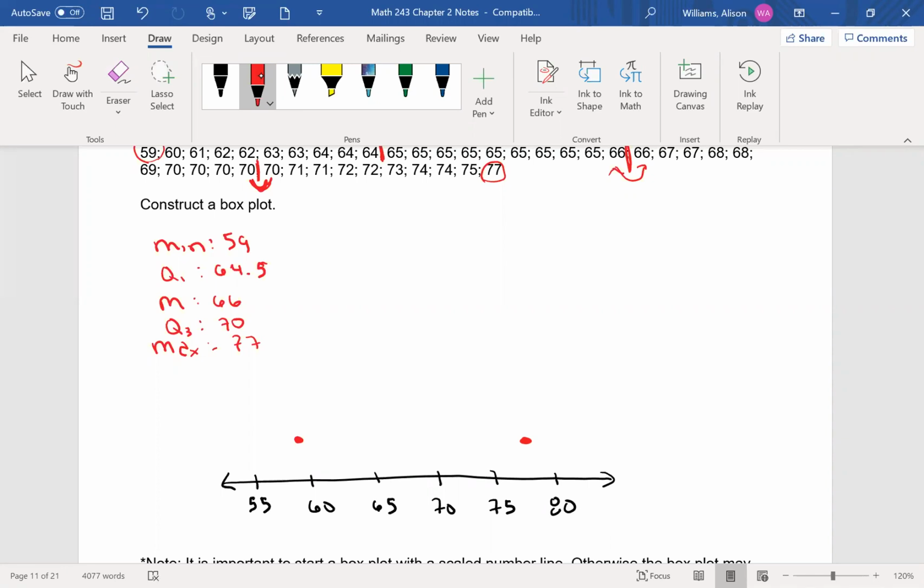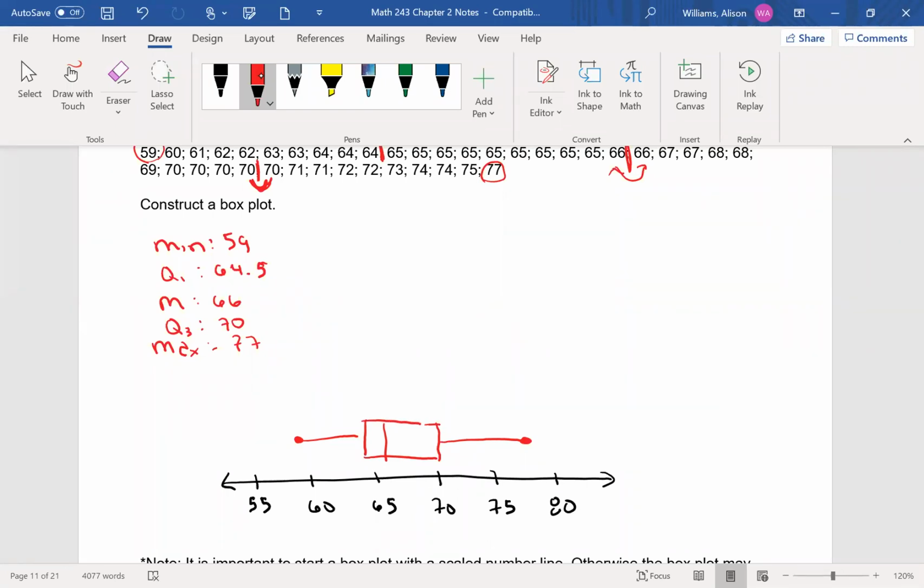So 64.5 is just shy of 65. That is supposed to be a straight line. Pretend it's straight. Okay, there we go. And then 70. Okay, that's Q3. So that's the end of my box. The ends of my box. And then the median is going to go in the middle. 66 is like right over here. Oops, I'm going to go ahead and fix the top line.